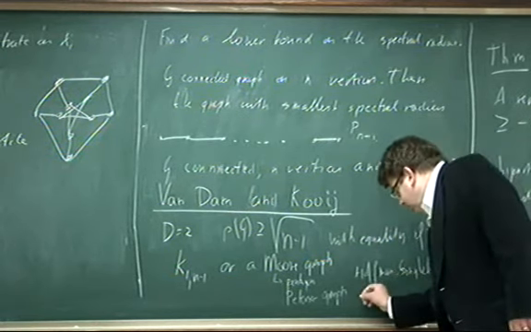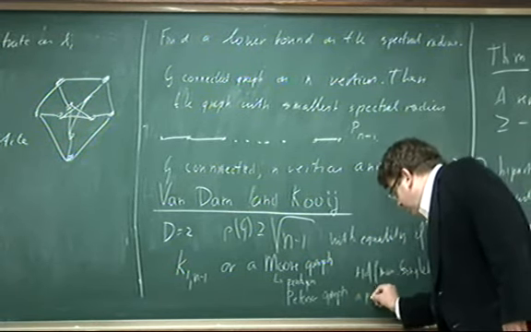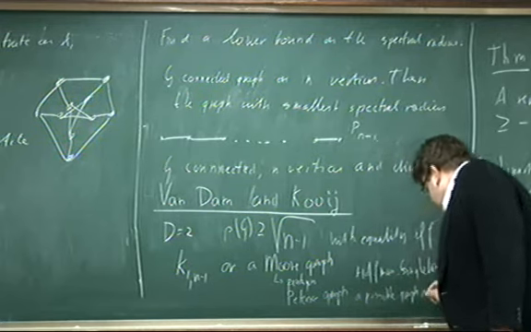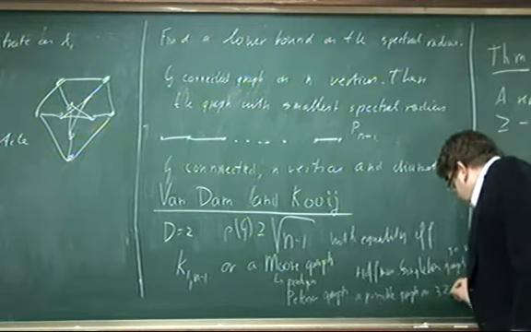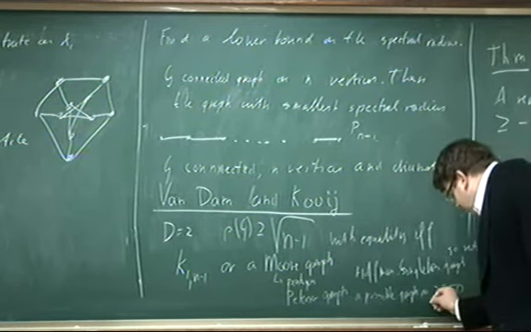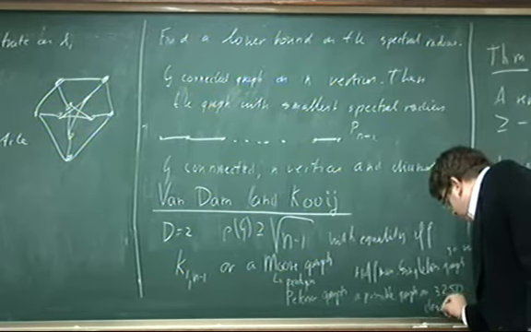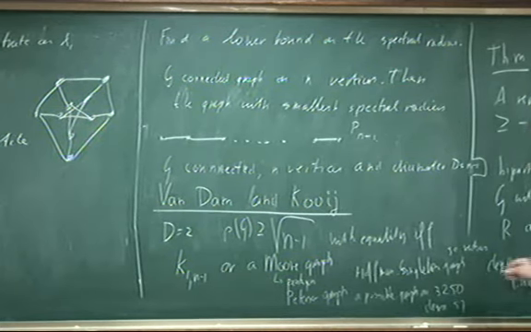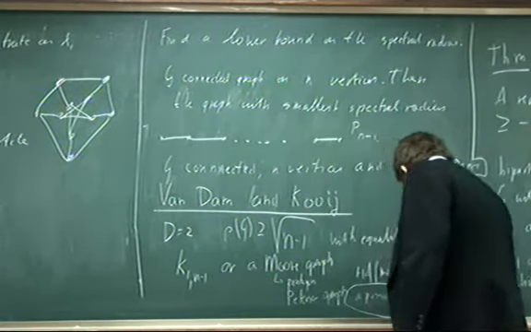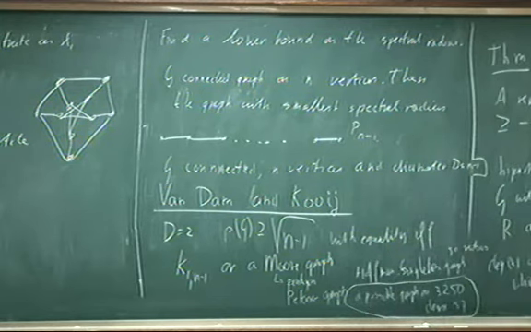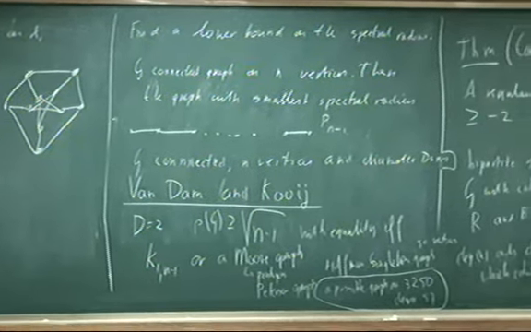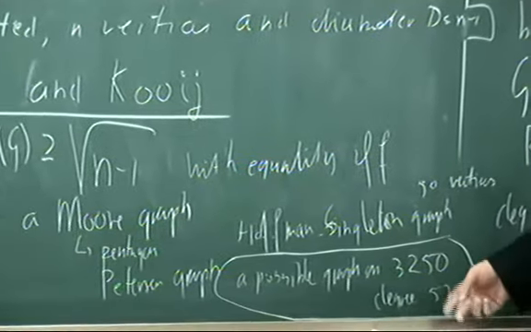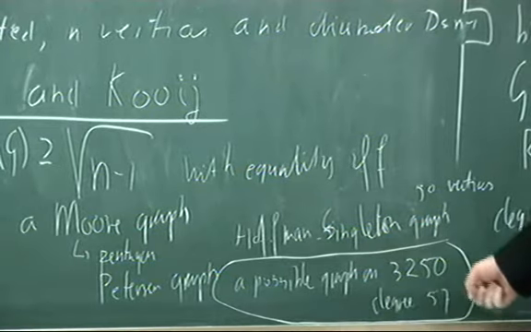And then there exists a possible graph on 3,250 vertices. The valency, the degree, is 57. And nobody knows whether this graph exists. This has been open for probably 30 or 40 years. So that's one of the Moore graphs? This could be a Moore graph, but nobody knows whether it does exist.